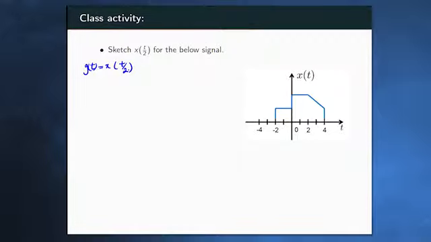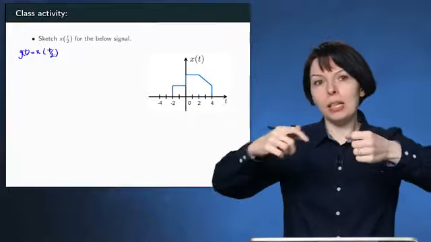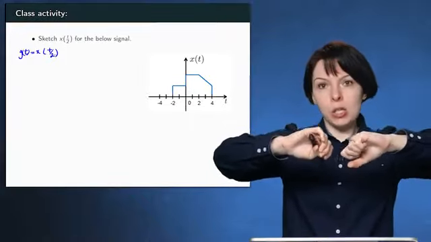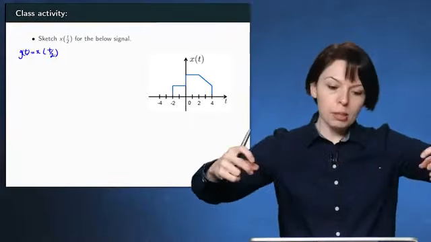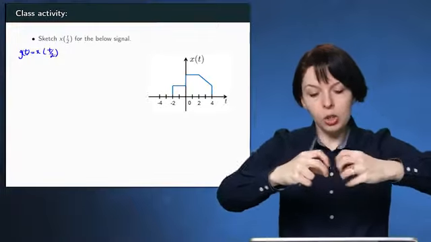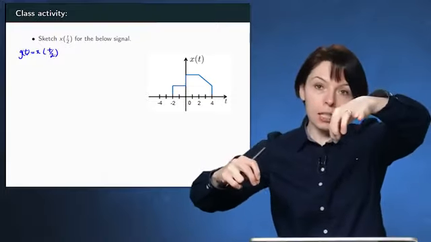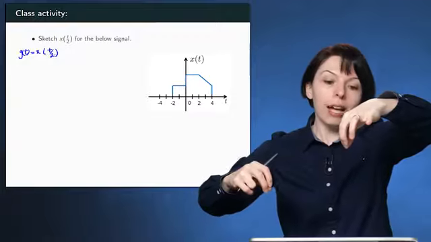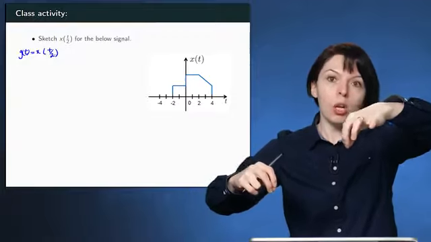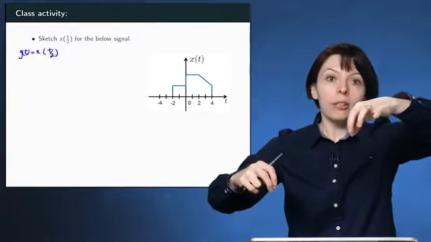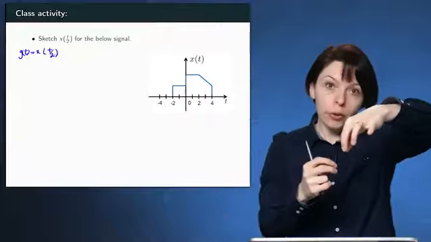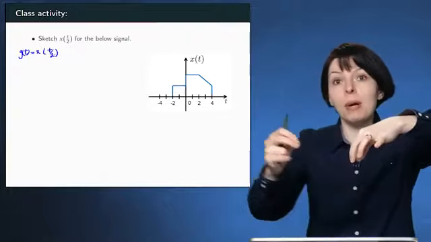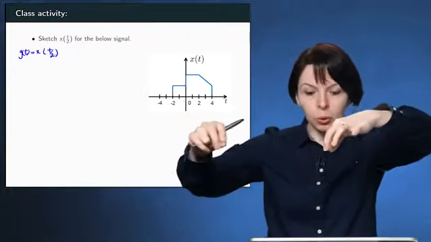Basically, what's happening is expanding the signal on the time axis by fixing the middle point, or fixing the value of the graph at t equal to 0. In other words, the value of g of t at t equal to 0 is going to be the same as the value of x of t at t equal to 0.